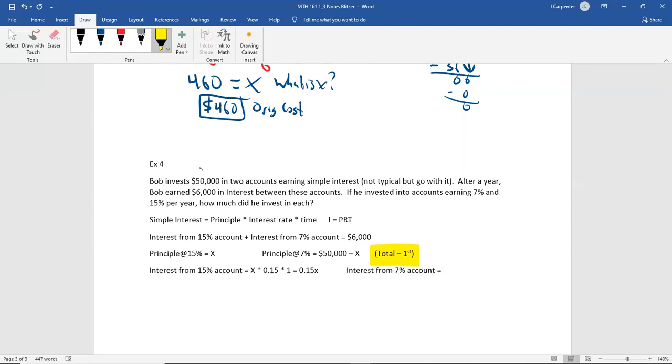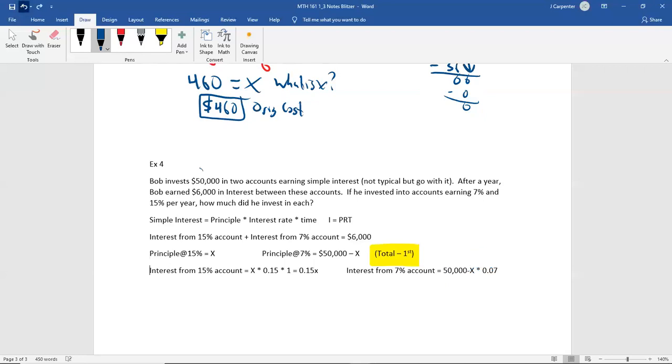That's the interest from the 15% account. Interest from the 7% account is going to look similar but different. I'm going to write this incorrectly at first. So the principal is the 50,000 minus the X. This is going to be wrong, but just hold your horses, and I'll show you why. So there's my principal times the interest rate, which was 7%. That would be 0.07 as a decimal. And herein lies the problem. We're supposed to be multiplying all of this by the 0.07, but because it's a subtraction, it only looks like the X is multiplying the 0.07.